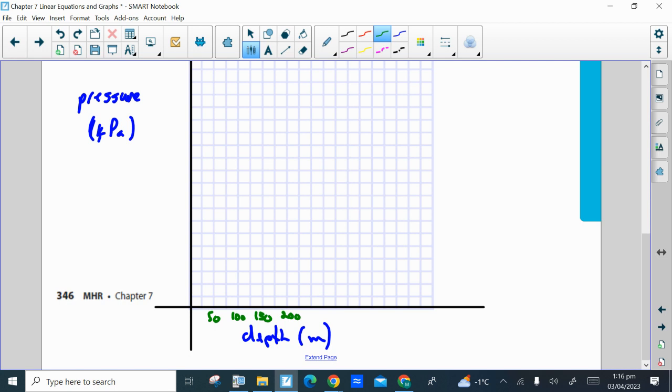And along the side, our pressure, all the numbers in that column end in either a 0 or a 50. So they're multiples of 50. So I can do the same thing on the side. 50, 100, 150, 200, and so on.